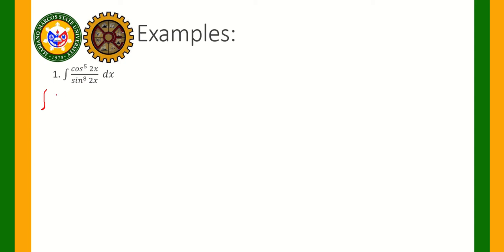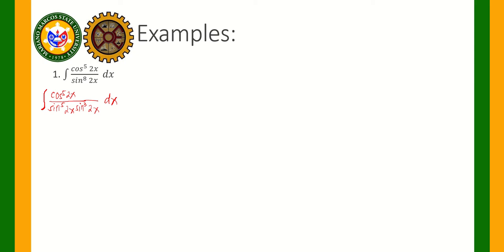So this will be equal to cosine raised to 5 2x all over, let's break down sine raised to 8. Let's make it sine raised to 5, 2x times sine raised to 3, 2x dx.